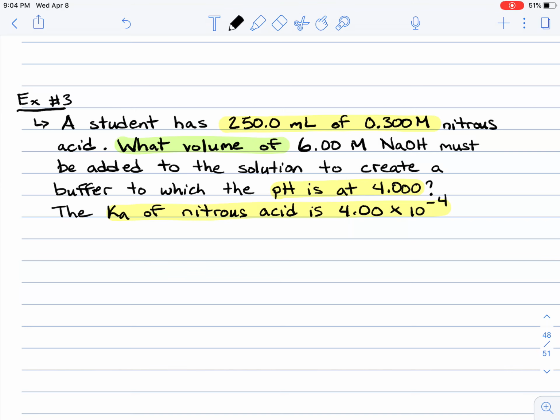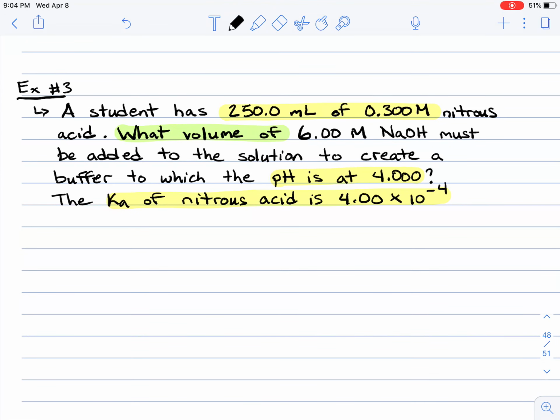And so what we're going to do is decompose this problem just a little bit more. We're going to take a step back and try to understand what's going on. Reading through the first sentence, this is the current concentration and volume that we have of nitrous acid. Nitrous acid has one less oxygen than nitric acid, so this is going to be HNO2.